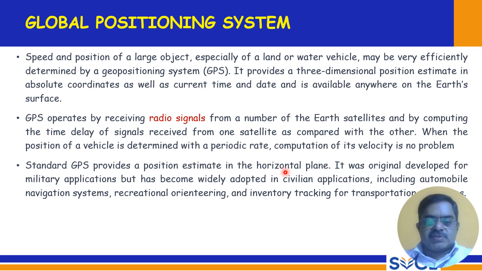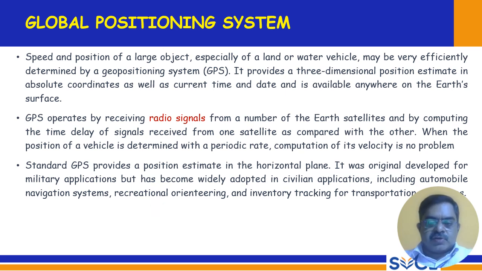Actually land is considered to be the horizontal plane. It was originally developed for military applications but has become widely adopted in civilian applications including automobile navigation systems, recreational orienteering, and inventory tracking for transportation logistics. And many applications have evolved with GPS.